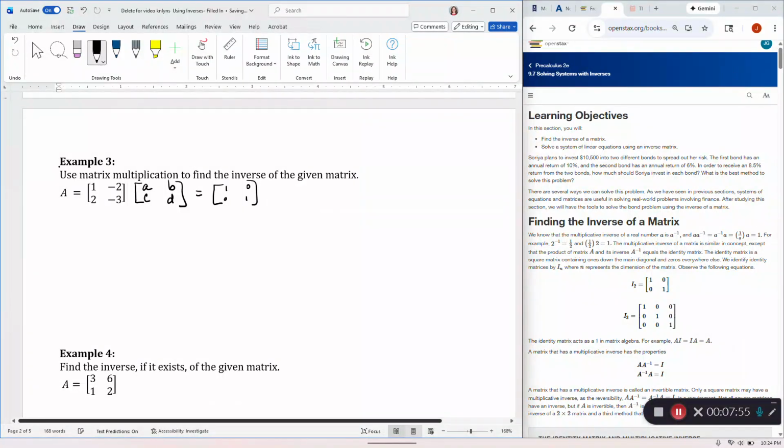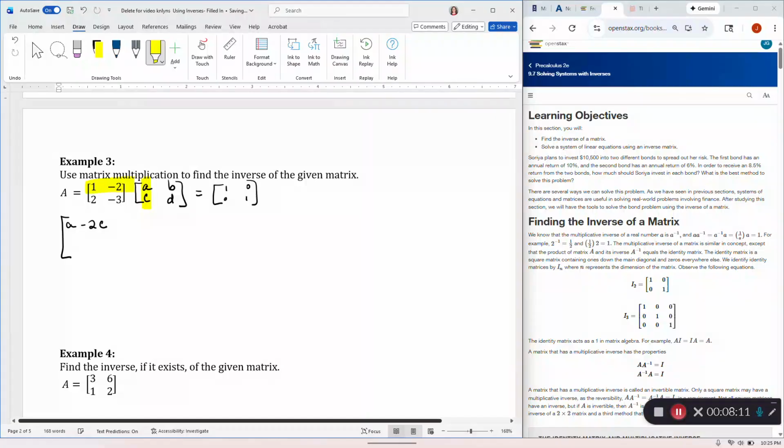So it's going to be with variables, but I'm going to multiply. 1a minus 2c. Okay, I'm going to row this column.